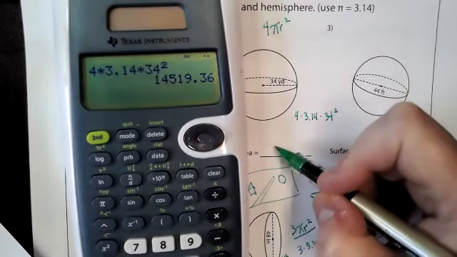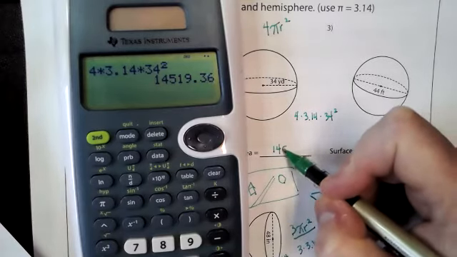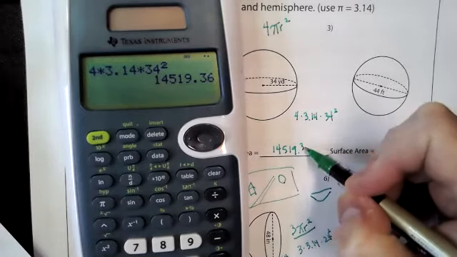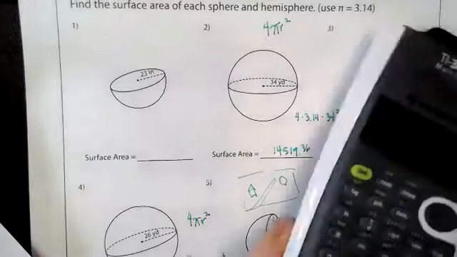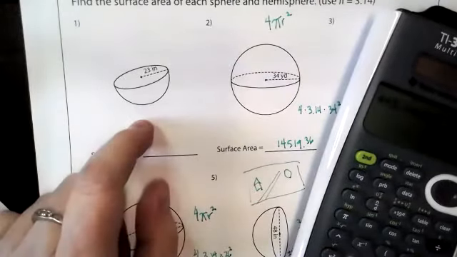So the surface area of this particular sphere is 14,519.36 square yards.